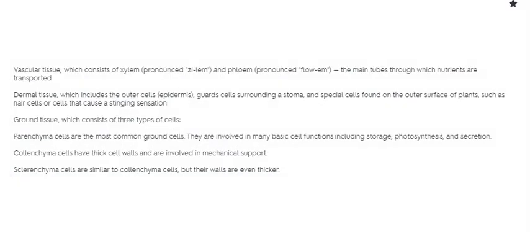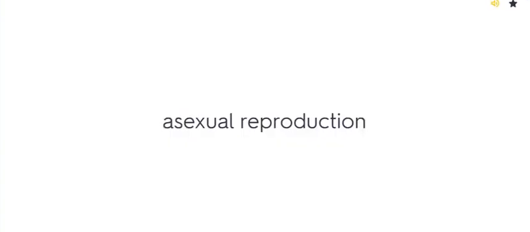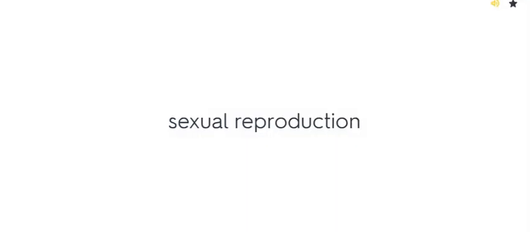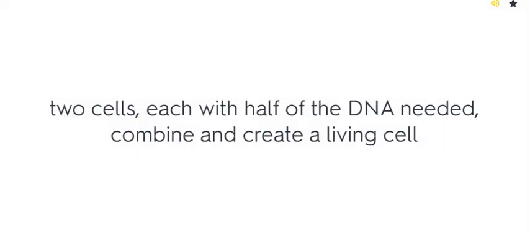Plant tissues. Asexual reproduction. One cell can split into two, giving you two identical cells. Sexual reproduction. Two cells, each with half of the DNA needed, combine and create a living cell.